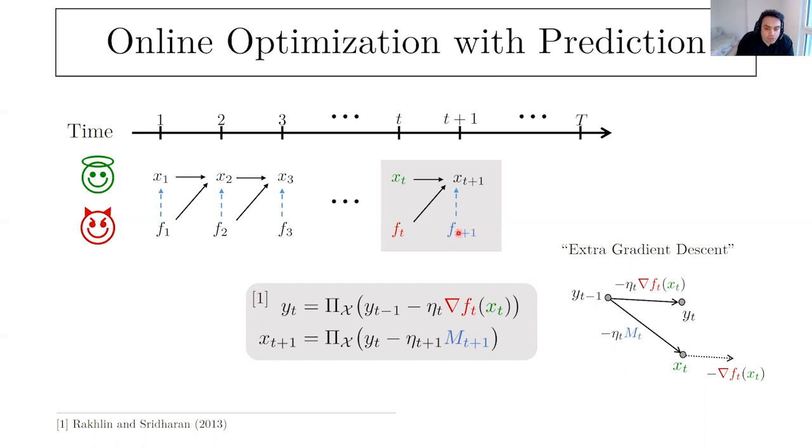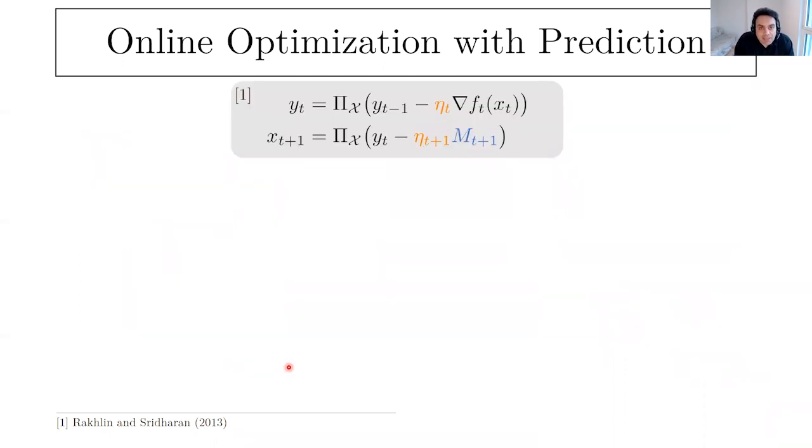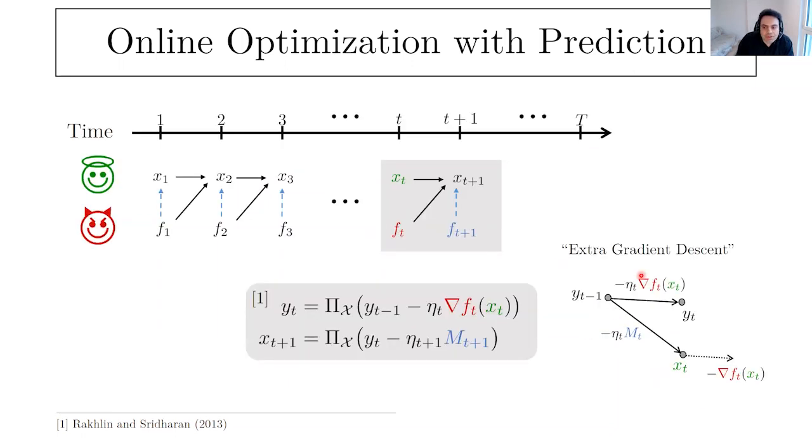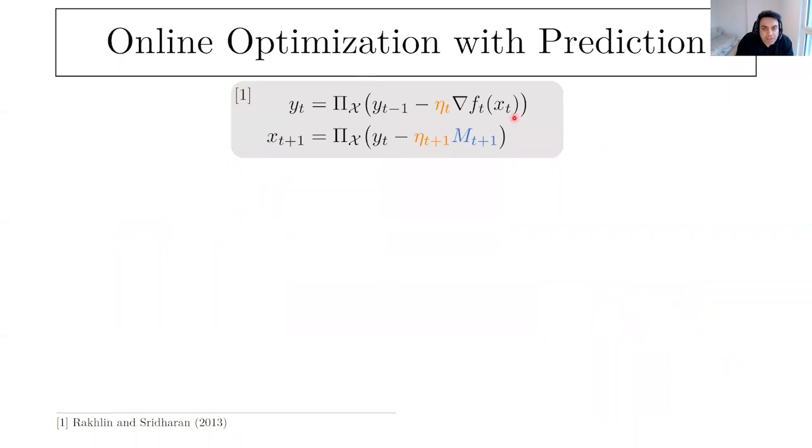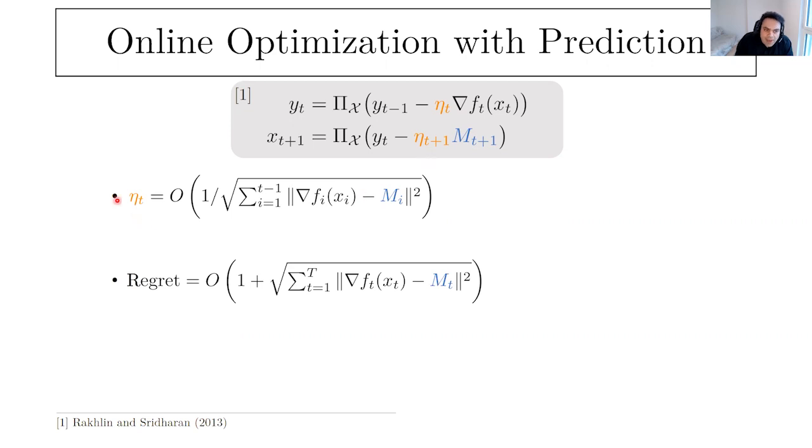And how people formalize it, let me explain in a little bit more detail. So this is the algorithm that I explained. This algorithm here is exactly this one. The key question is how to tune the step size. And what Rakhlin and co-authors suggested is to choose the step size in this fashion. So what does that mean?